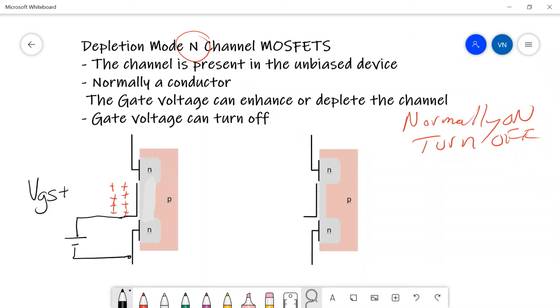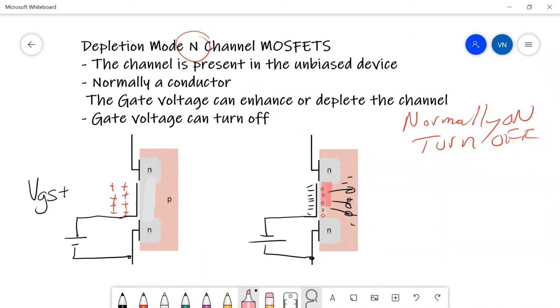So to deplete the carriers, what we would do is we would put a negative voltage on the gate, like so, and that would put negative charge on the gate, which would then push electrons out of the N channel region. So we push electrons out of this region, and you would end up with this area turning into a P-type region.